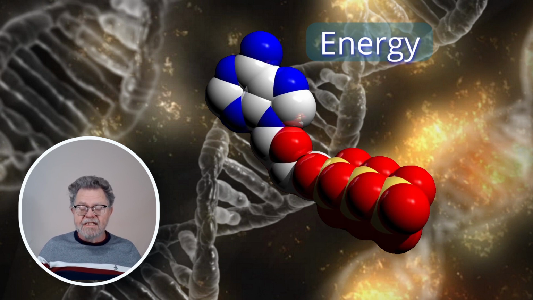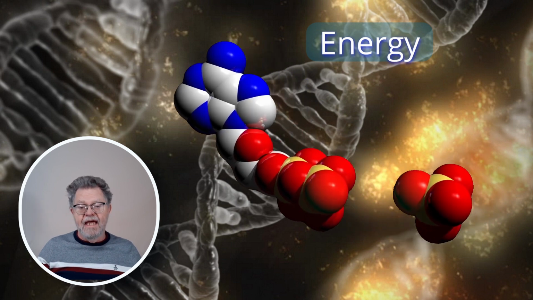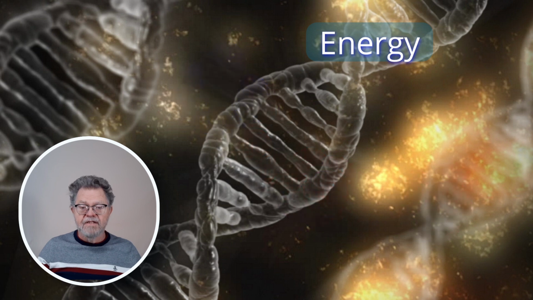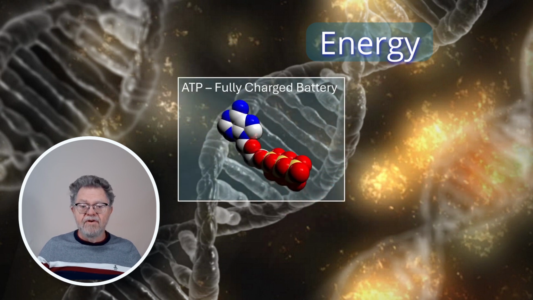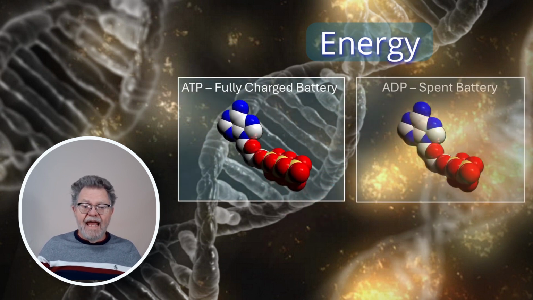In all cases, ATP is converted to ADP, releasing energy. The cell is kept well stocked with ATP so that every process that needs energy has a source at hand. The ATP can be viewed as a charged battery, where ADP can be viewed as a spent battery.